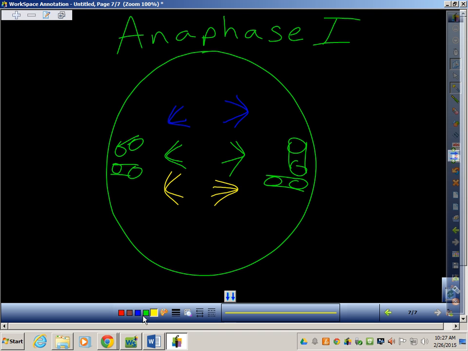What that looks like is something like this, okay, where we now separate. Now at this point, I basically have one N here and one N here, right? You get that? Okay. Anaphase 1.